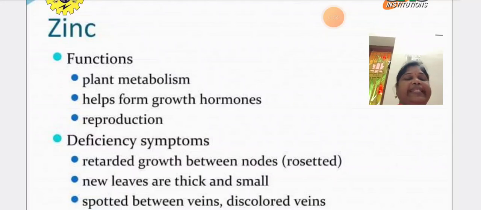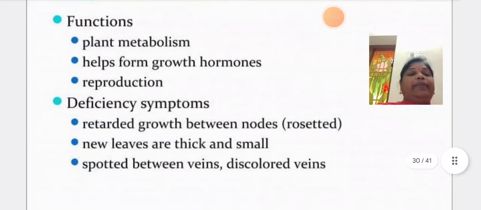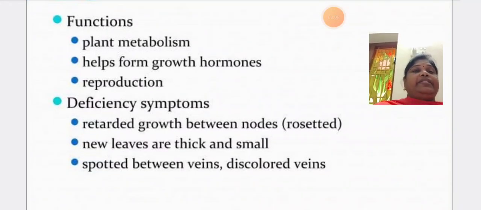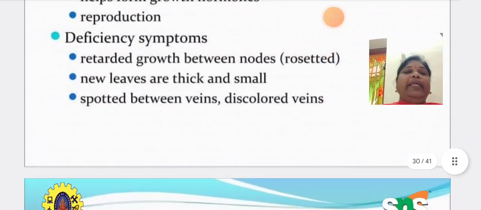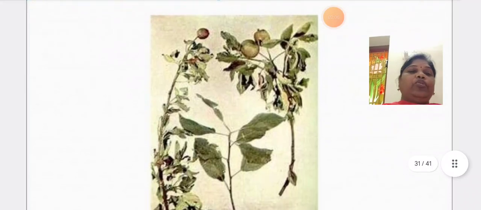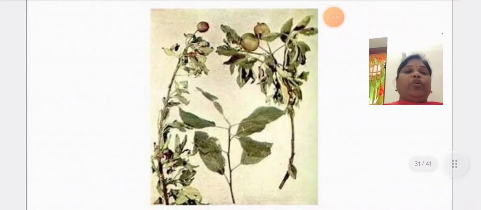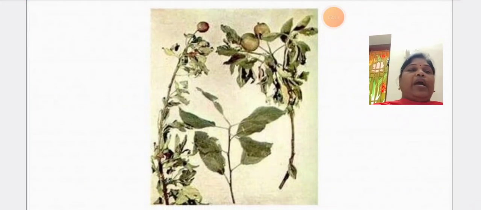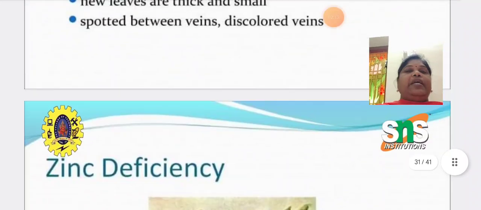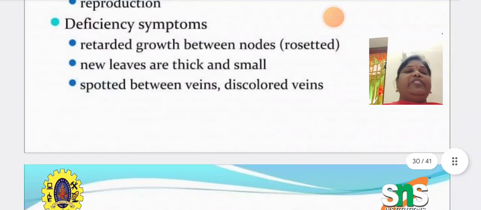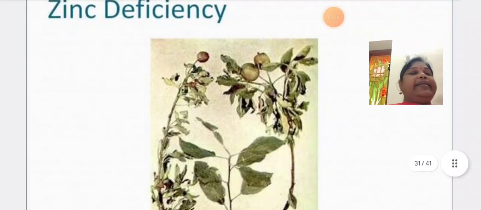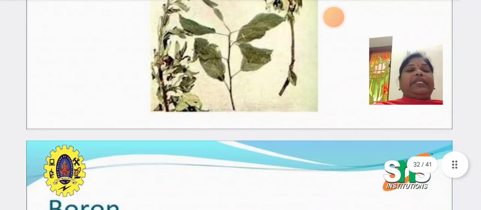The new leaves are thick, small in size, spotted between veins, with discolored veins. So these are the symptoms of zinc deficiency.